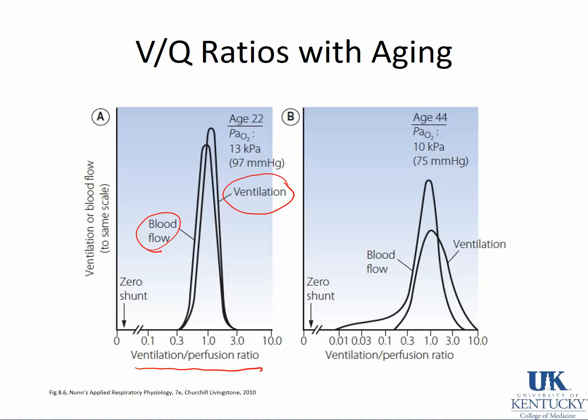It shows that in a normal healthy patient who's got an arterial PO2 of 97, both ventilation and perfusion are distributed around a VQ ratio of approximately 1, essentially ideal ventilation perfusion matching.